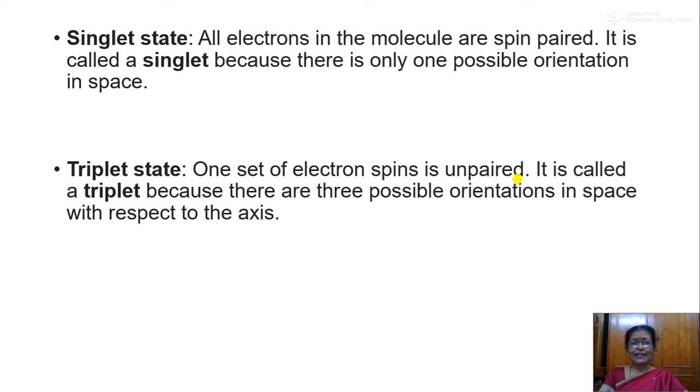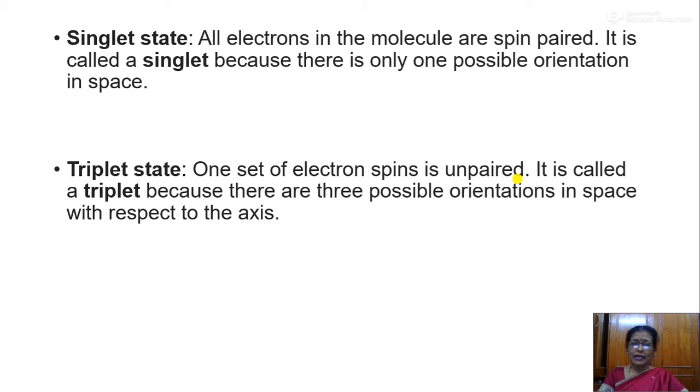In the triplet state, one set of electron spins is unpaired. It is not paired, it is unpaired. It is called triplet because there are 3 possible orientations in space with respect to the axis. The 3 possible orientations are the x-axis, y-axis or z-axis.